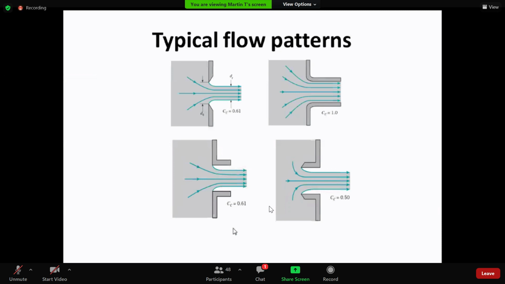Typically, that's how the flow patterns would be if you have such openings on the side of a tank, or if we have a similar structure obstructing flow in a pipe. If you put it in the path of flow for the purpose of measuring discharge, those are the typical flow patterns.